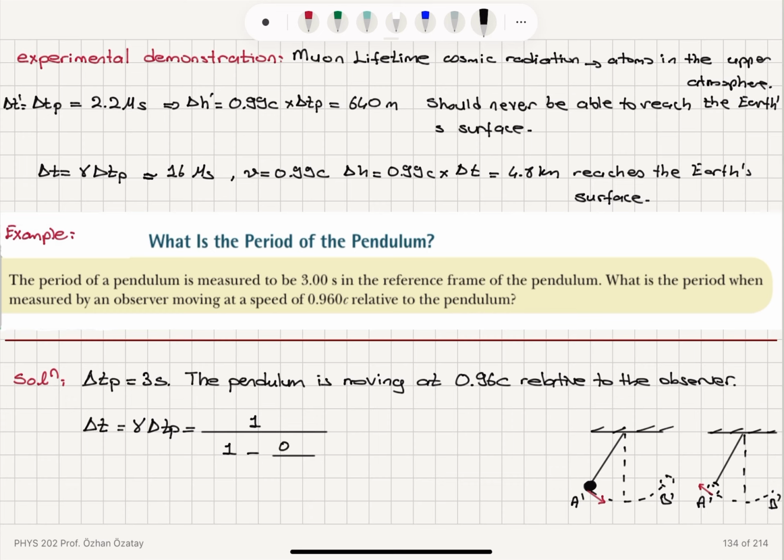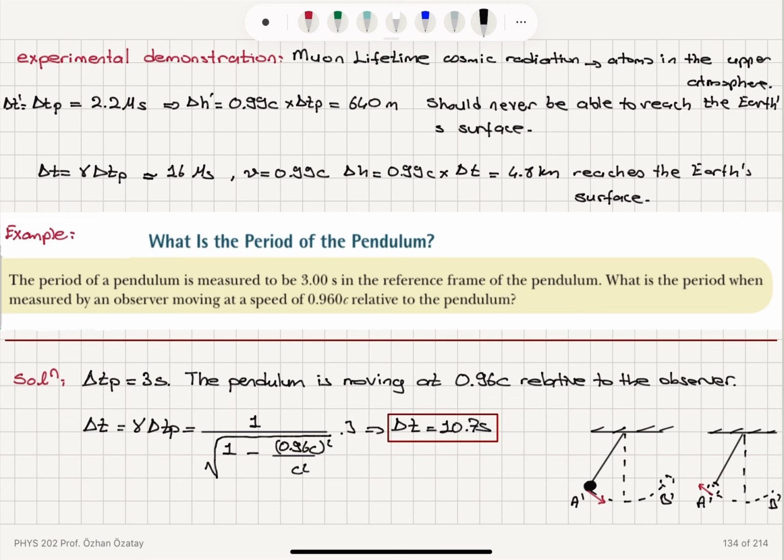So it's going to be 1 over the square root of 1 minus (0.96 c) squared over c squared, multiplied by 3 seconds. So this gives us, for the time interval delta t, 10.7 seconds. It's quite different from the proper time interval.